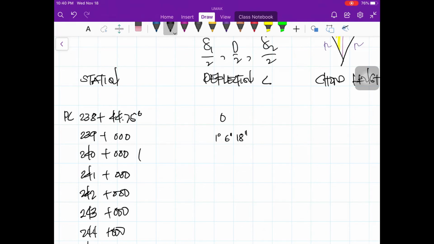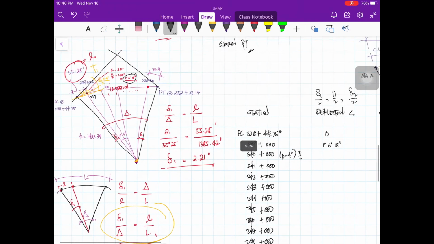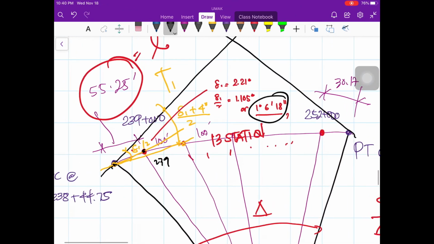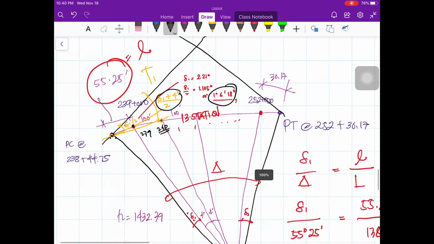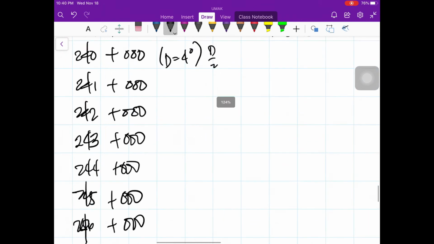You add 2 degrees because the deflection angle of the curve is equal to 4, so that's always d over 2. Starting from PC to station 240, that will be gamma 1 plus 4 over 2. What's gamma 1 plus 4 over 2?